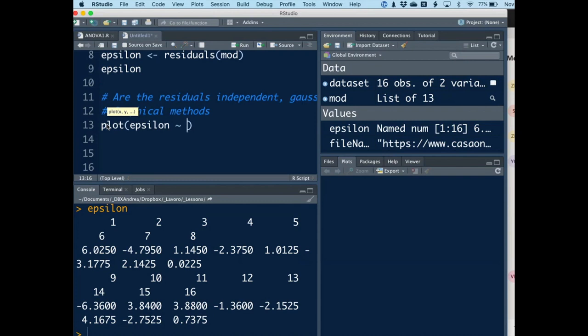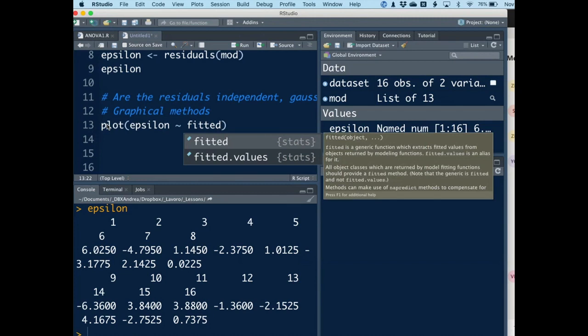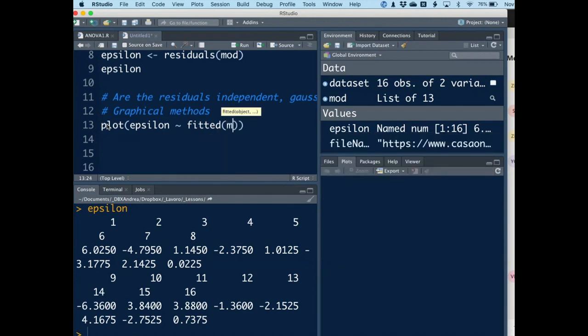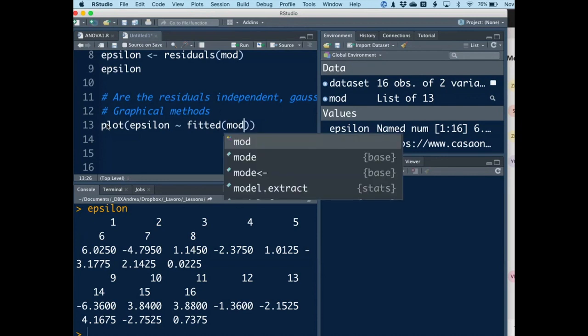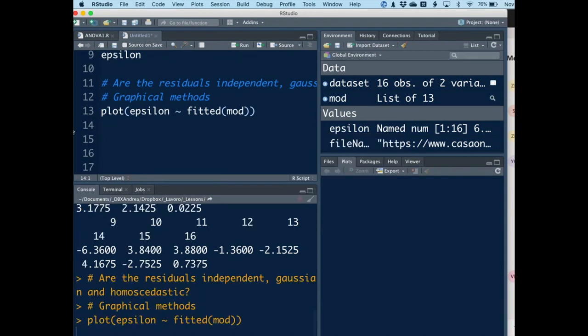I plot the residuals against the fitted values. So fitted mod, because our model object is called mod. So I'm plotting simply the residuals against the fitted values. This is important. I'll show you here.